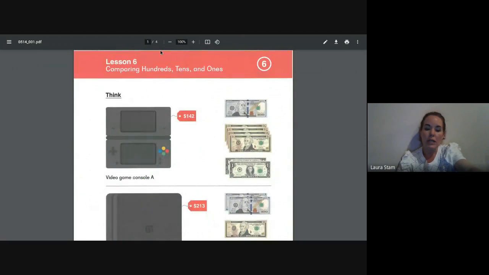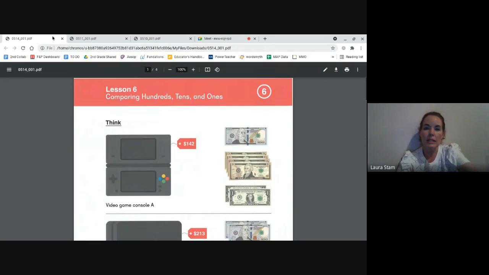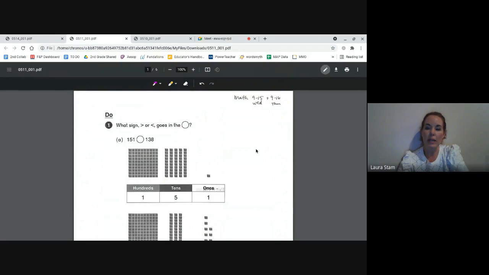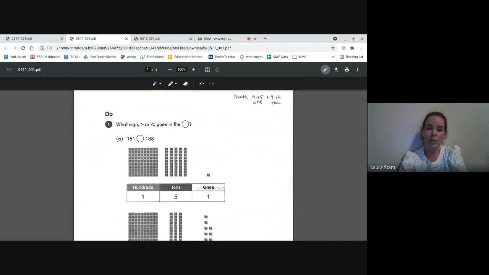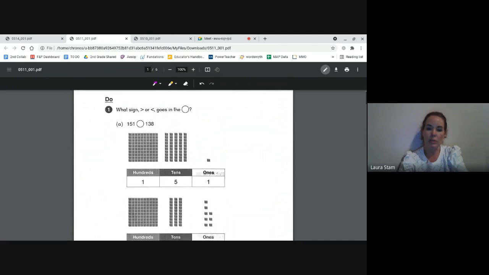So what you want to get now is this packet right here that's labeled Math for Wednesday and Thursday. This is a packet we're going to work through together, and then you'll have a worksheet that you're also going to do on your own, but we'll work through this packet together to help you with the worksheet that you're going to do by yourself.